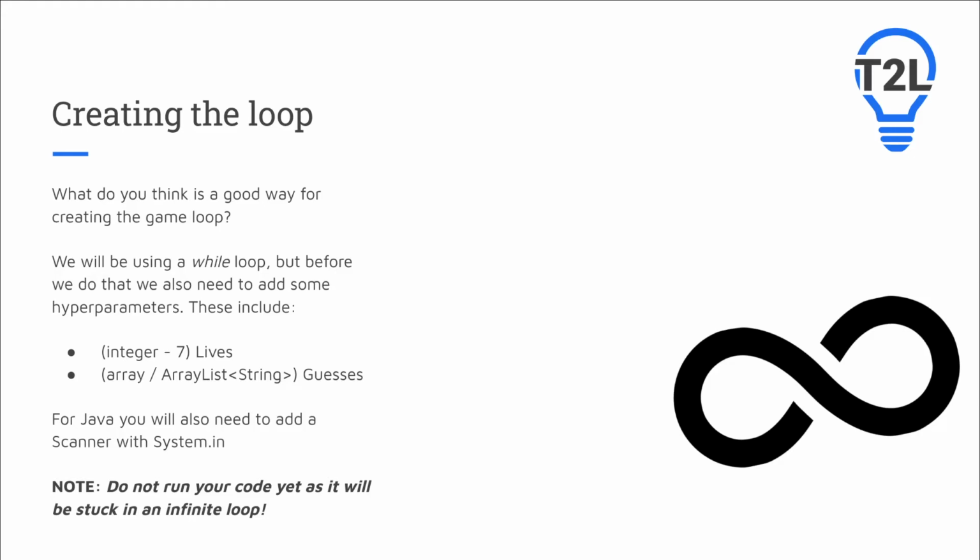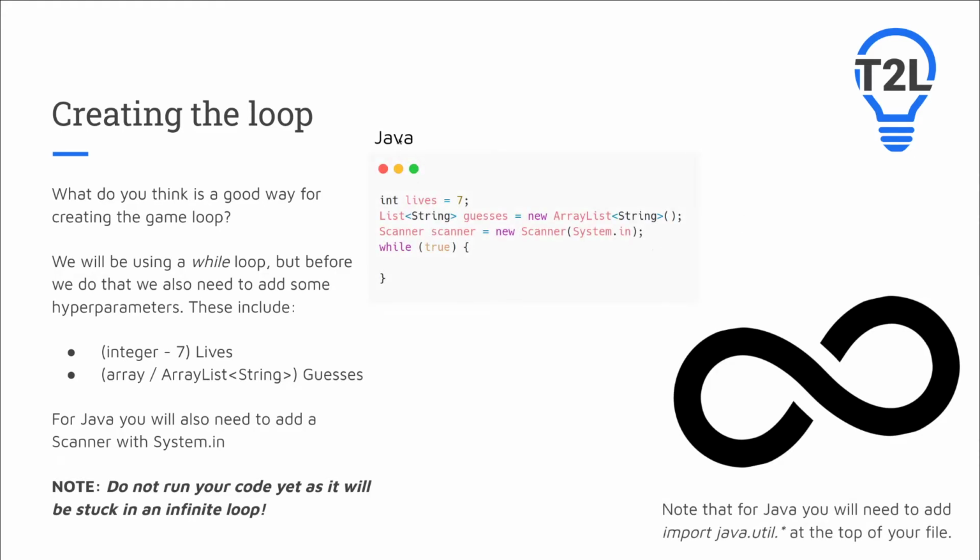All right, cool. So let me see what our code says. Okay, so if we go in, this is kind of what I want you to come up with in Java. So we have the integer of lives equal to 7. We have a list type. You can also make this an array list of type string with guesses.